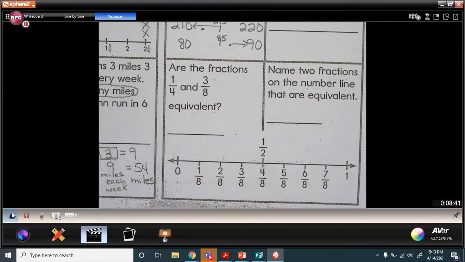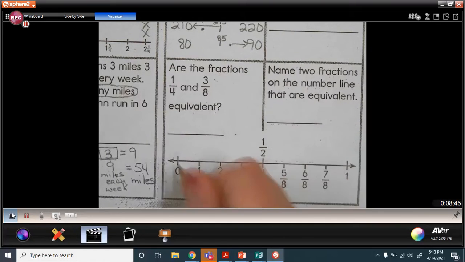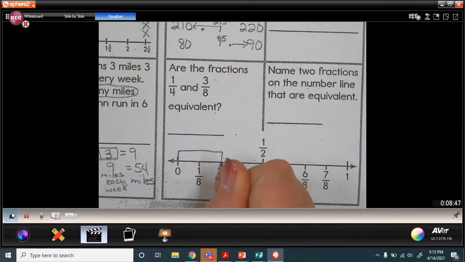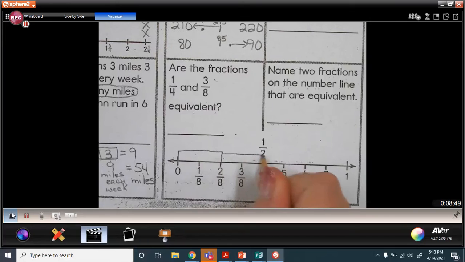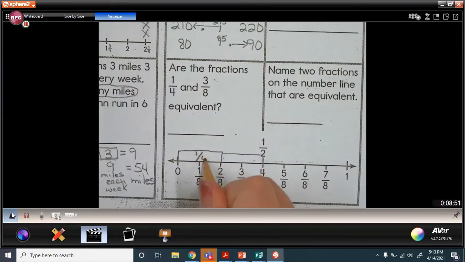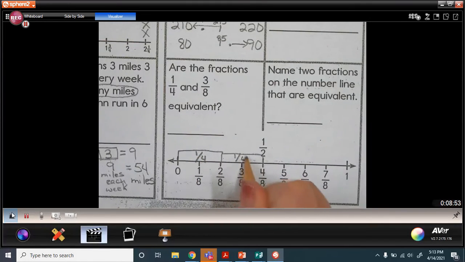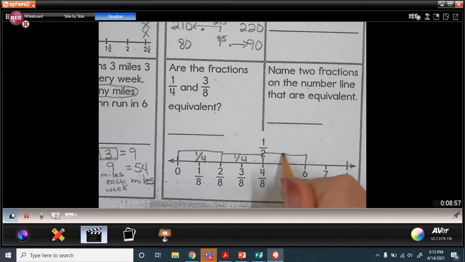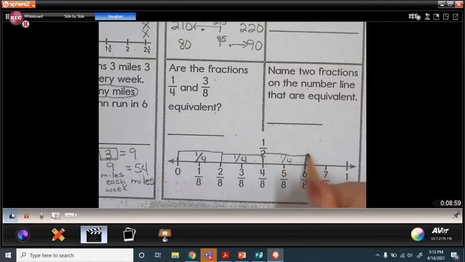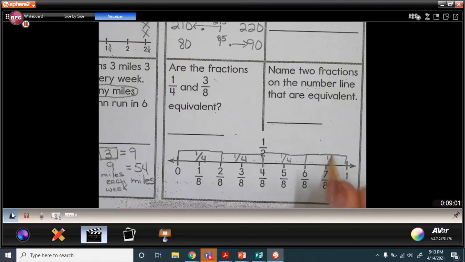Well, we know that for every fourth, right, every fourth is going to be 2/8. So this is a fourth and this is a fourth. And inside of that half is a fourth. And this is also 1/4.